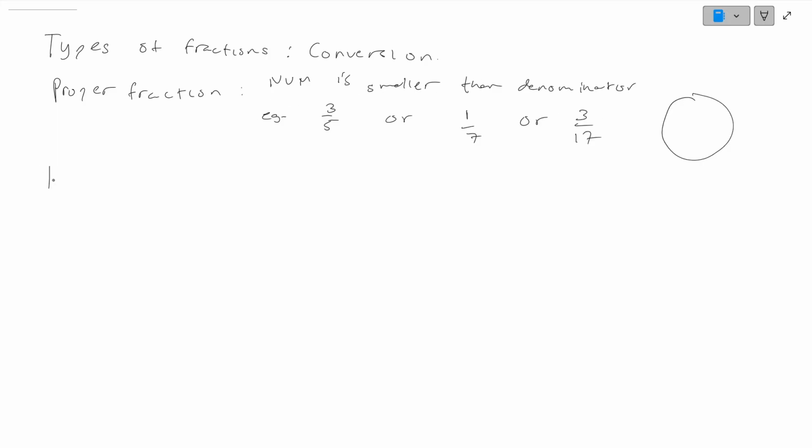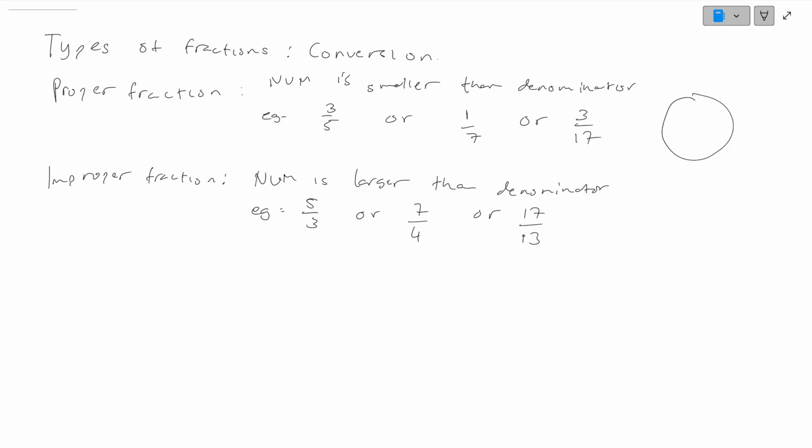When you look at improper fractions, these are fractions where the numerator is larger than the denominator. For example, 5/3 or 7/4 or 17/13.